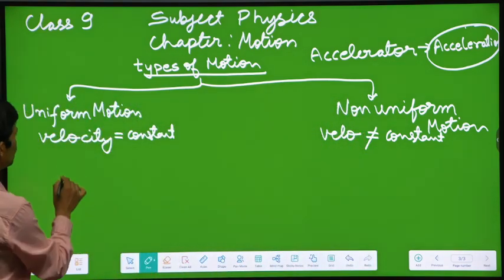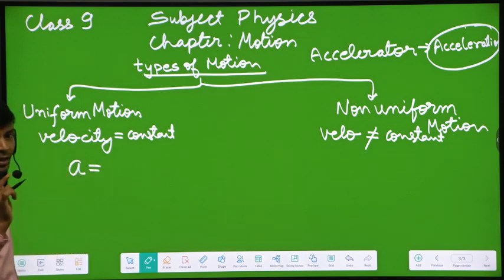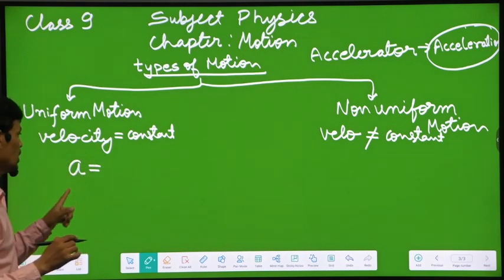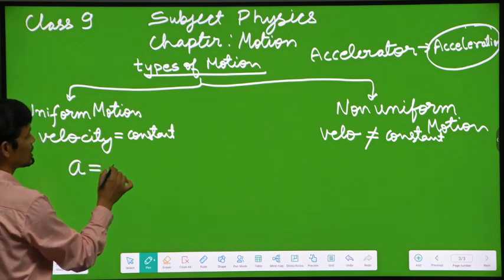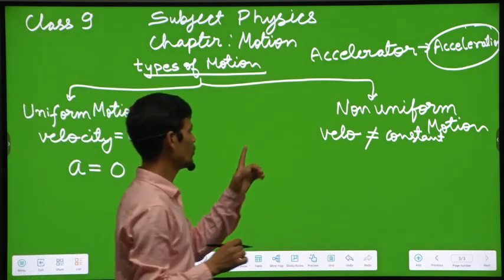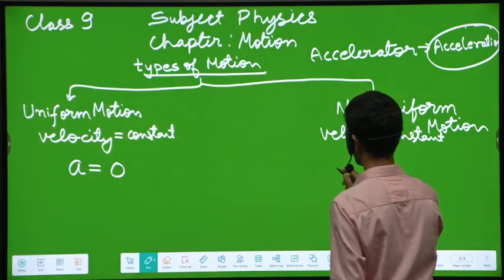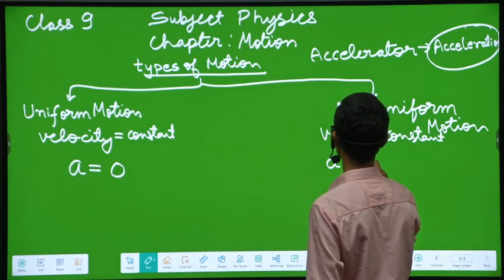For uniform motion, acceleration, its symbol is a, and remember it is small a. It should be written in lowercase only. So acceleration is 0 for uniform motion, and for non-uniform motion, acceleration is not 0.